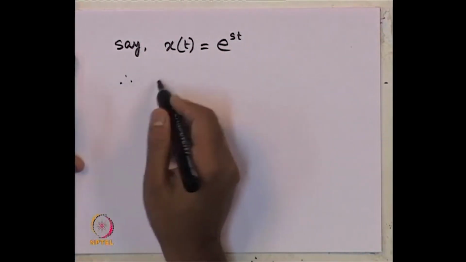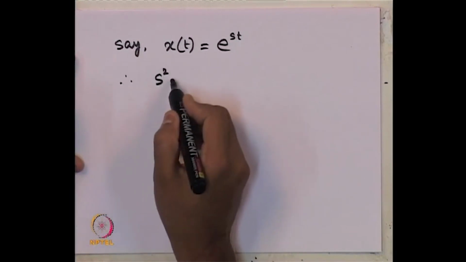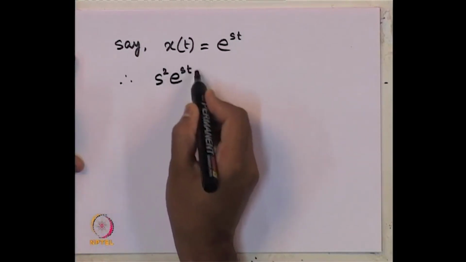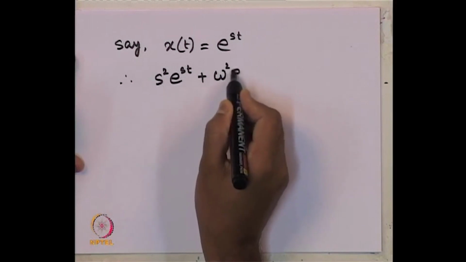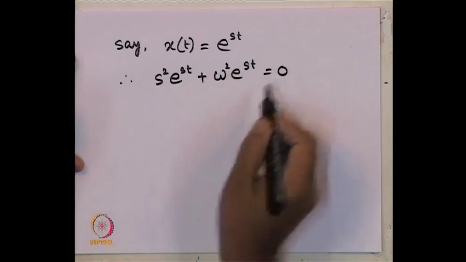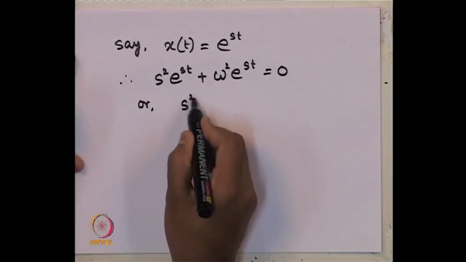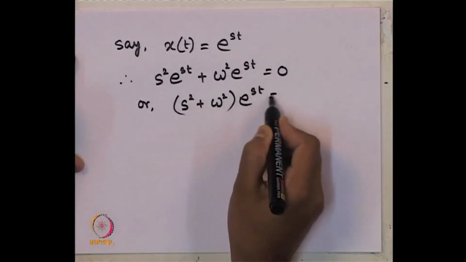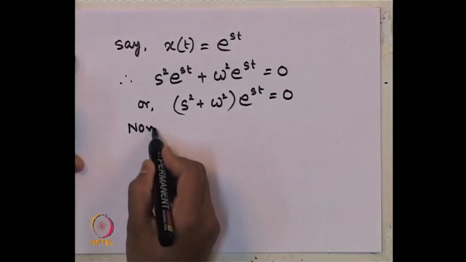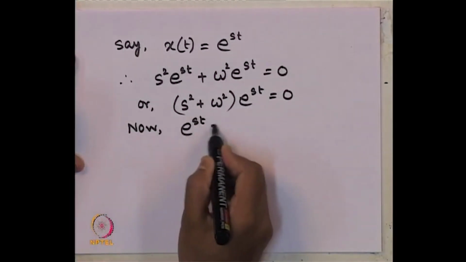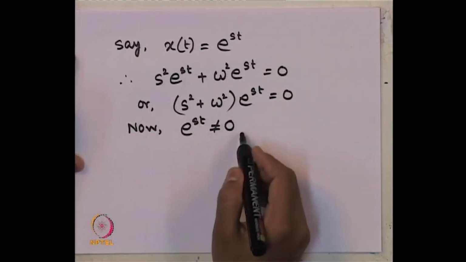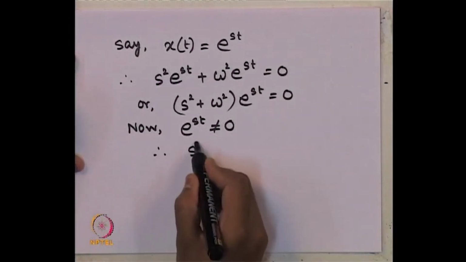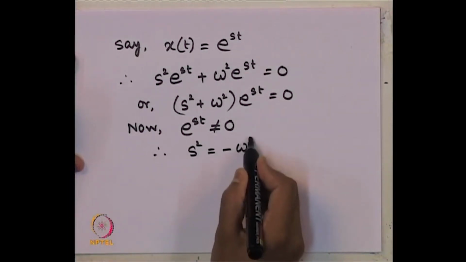So, we can put it in the expression s square e to the power s t plus omega square e to the power s t equals 0, or s square plus omega square times e to the power s t equals 0. Now, e to the power s t is non-zero, otherwise it will give trivial solution. Therefore, s square is minus omega square.